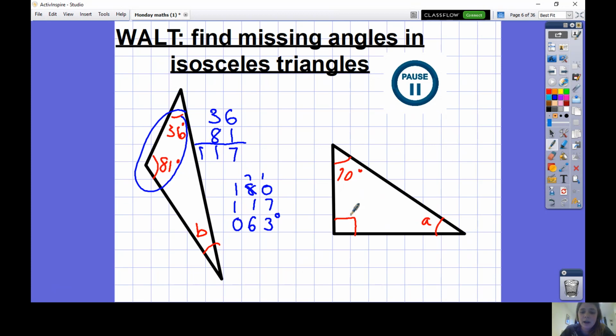For the second question, I know that this square means that it's 90 degrees, a right angle. So I'm doing 90 degrees add 70 degrees, which is 160, and then I just need to do 180 take away 160, leaving me with 20 degrees. Well done if you got 63 and 20 degrees for those 2 triangles.